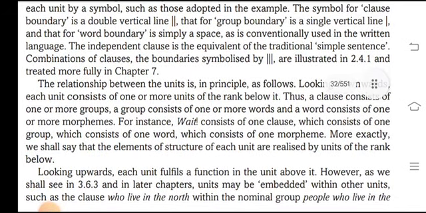The independent clause is the equivalent of the traditional simple sentence, and combinations of clauses. The boundaries symbolized are illustrated in the examples 2, 4 and 1, and treated more fully in chapter 7.